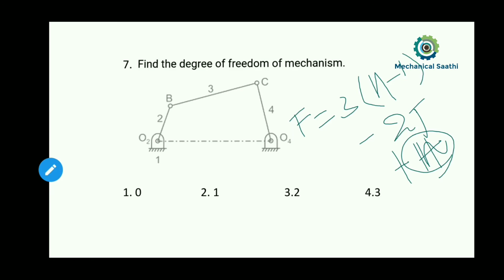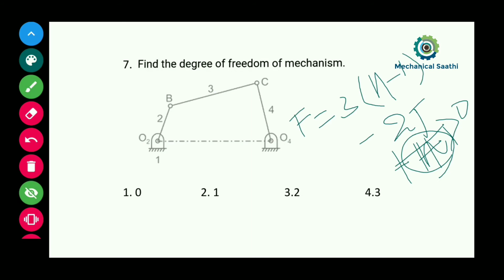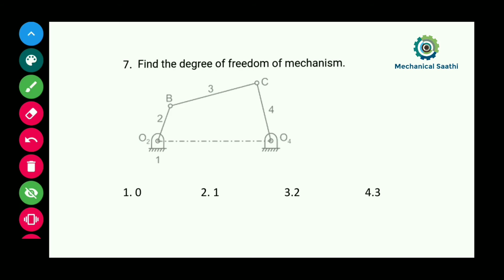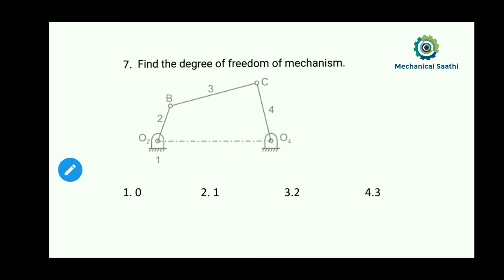There is no higher pair, so it will be 0. So F = 3(4 - 1) - 2 x 4, which is 3 x 3 - 2 x 4, so 9 - 8, which is equal to 1. Here you can see the degree of freedom we found out is 1. So option 2, that is 1, will be the correct answer for this question.